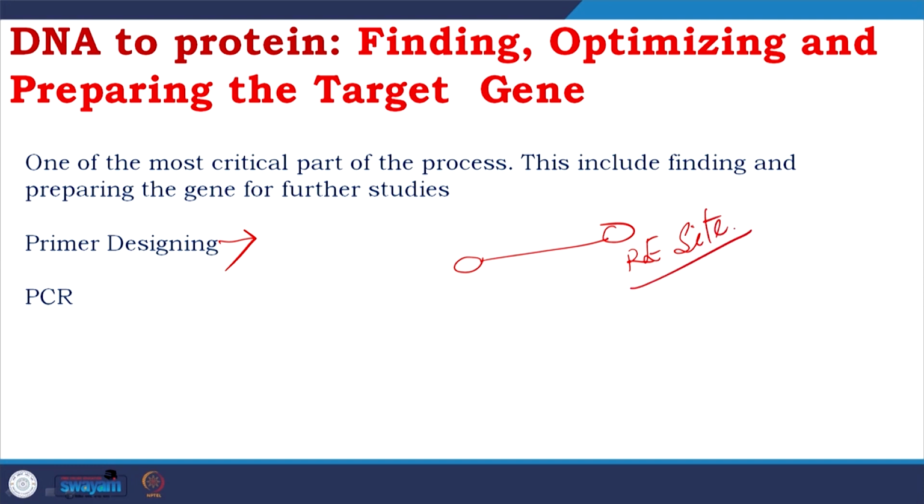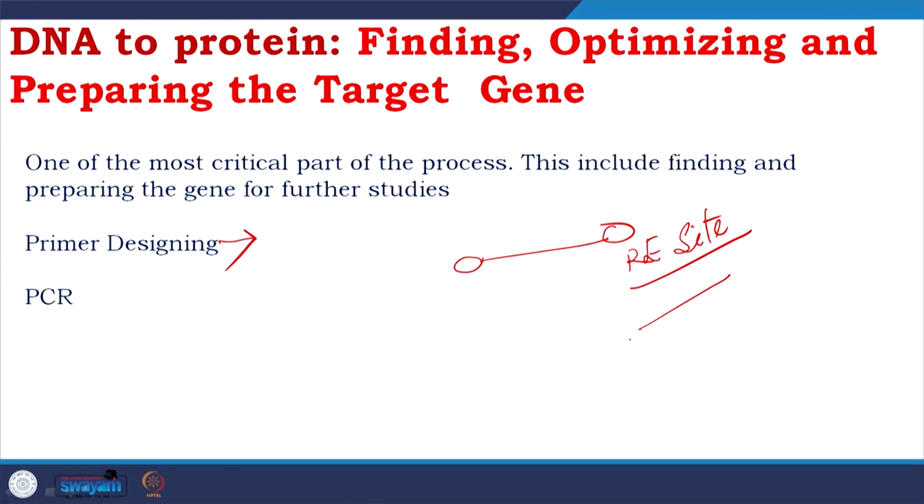Restriction enzymes are enzymes which help to cut at a particular site of DNA, and by that they make a nick on two sides.